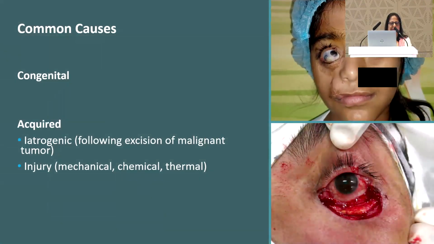The common causes are either congenital, like in this girl with the Tessier cleft and ocular anomaly and the lid which is not in position, and acquired causes, mostly iatrogenic, following the excision of a malignant tumor, and then following some kind of injury, the patient can have lid deformity.